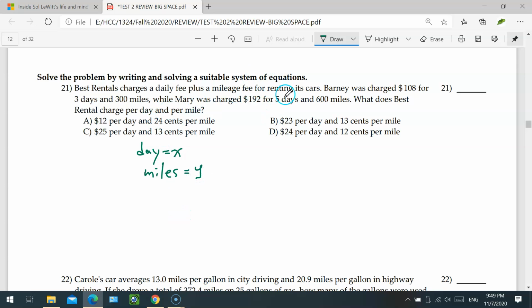So for Barney, he was charged $108. This fee comes from renting for 3 days, so 3x, plus 300 miles, so 300y.